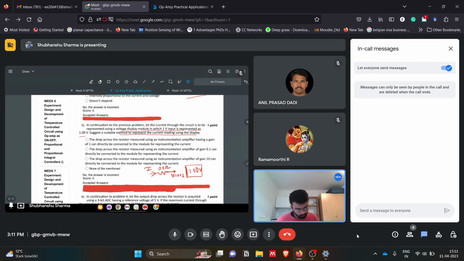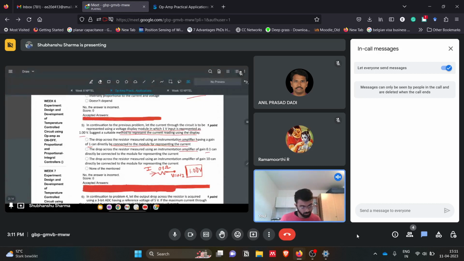Now if we talk about the options: the drop across the resistor measured using an instrumentation amplifier having a gain of 1 can directly be connected to the module for representing the current. Or the drop across the resistor measured using an INA of gain 0.1 can directly be connected to the module.